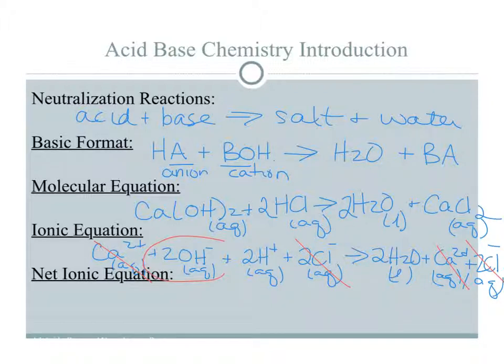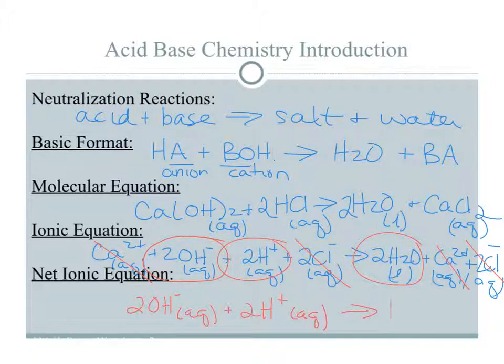And I'm left with what forms water. So I can tell you right now that for any acid-base reaction, the net ionic equation is always going to be the formation of water, because acid-base reactions produce a salt and water, and salts are going to be aqueous.